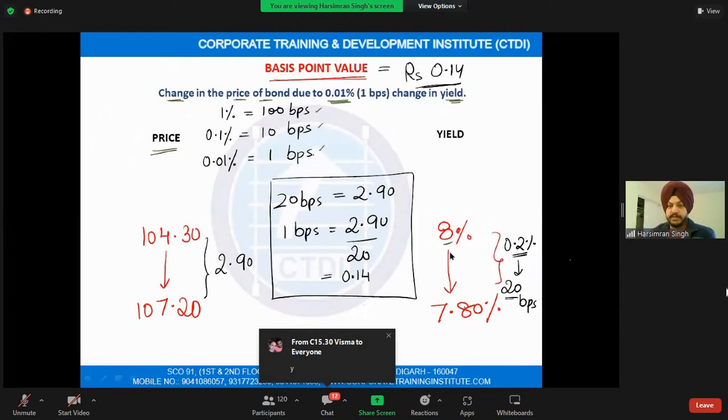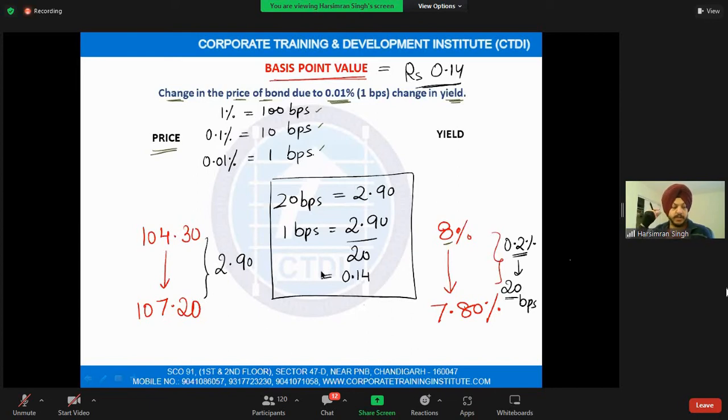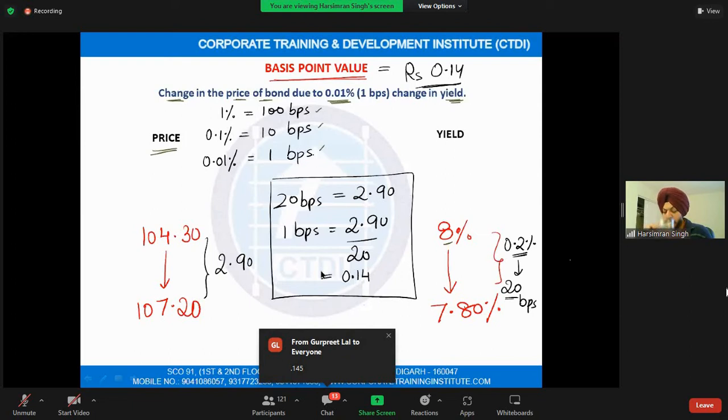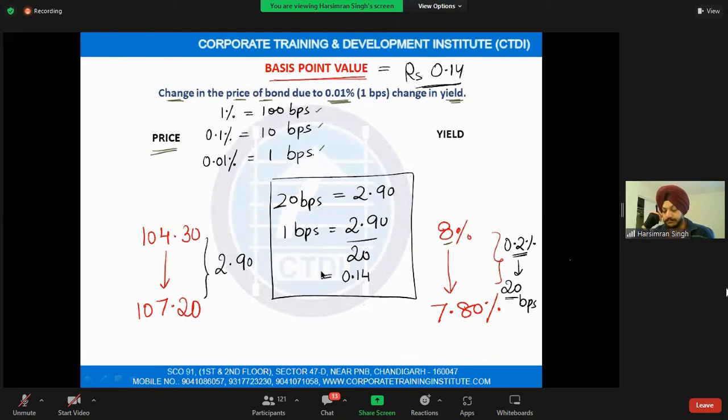Just note down the prices and yield and calculate and see, do you get 14 paisa as your answer? 0.145 will come. Sir, 14 paisa came, almost. Please note it down and let me know if you have understood.